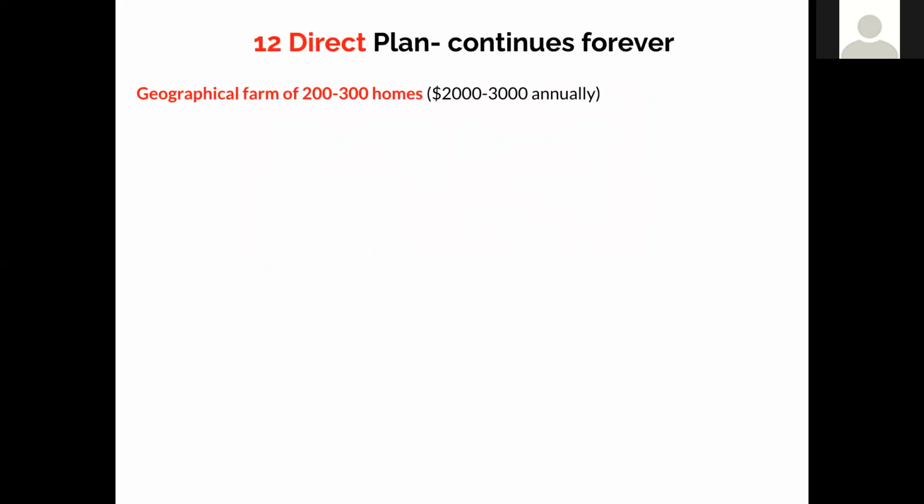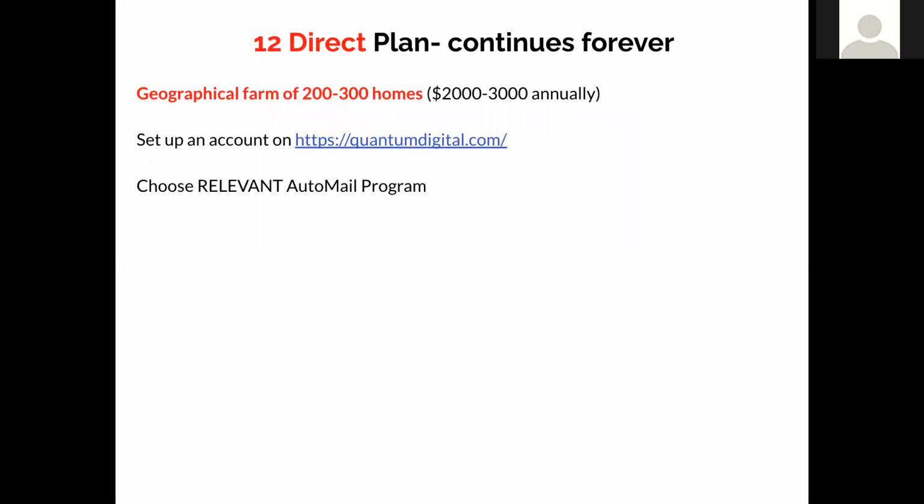It is going to be a geographical farm of 200 to 300 homes. We will talk in depth about picking your geographical farm on another day, but the 12 Direct is a geographical farm. You are going to use Quantum Digital, which is a mailing program, or Command, or some other auto mailing program.